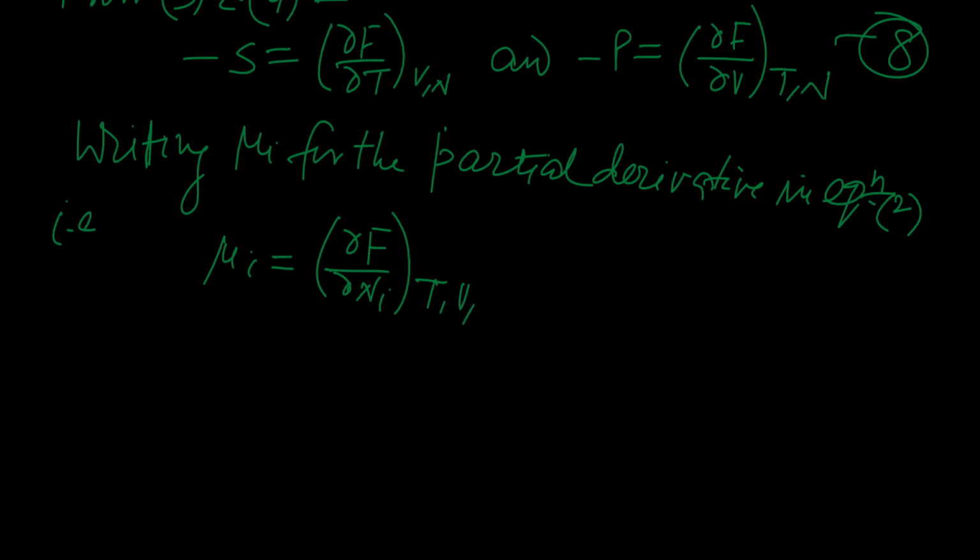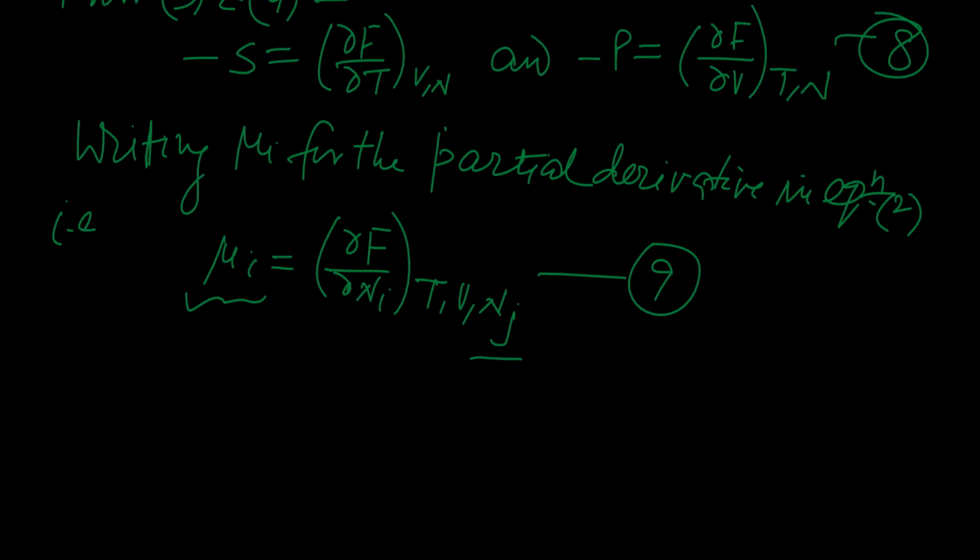Remember one thing, this nj contains all values of n except ni. This is one of the ways to define the chemical potential of the ith component. This is defined as del F by del ni. This is the basic definition in terms of F.